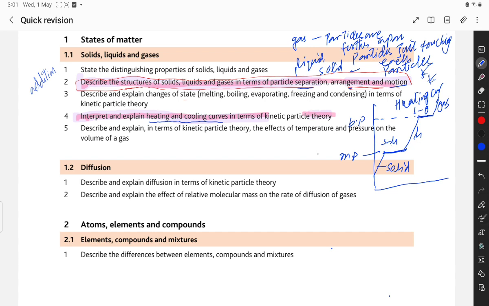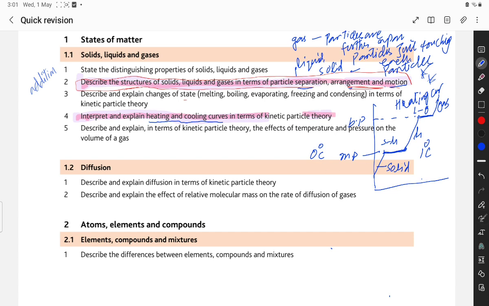If, for example, this is 0 degree centigrade, at 1 degree centigrade the solid has become liquid, so it is not solid. From here to here it is 0 degree centigrade, and then when it changes into liquid, the temperature is going to increase. So at 1 degree centigrade the state of matter is liquid.